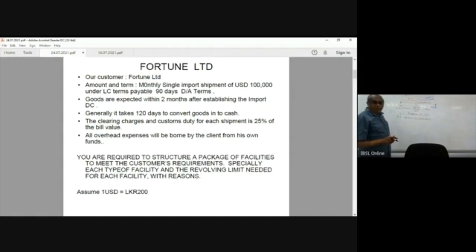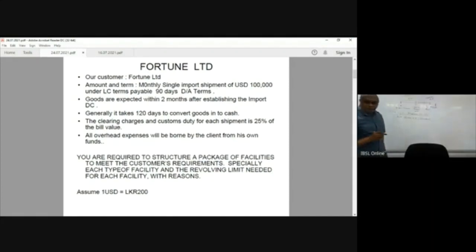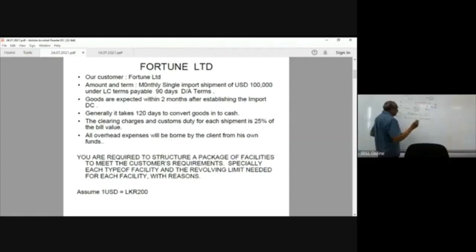We have to give the facilities in Sri Lanka rupees. Normally, we give facilities to customers in Sri Lanka rupees. So therefore, the value should be US dollars 200,000, in Sri Lanka rupees.